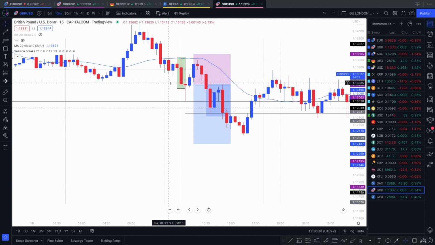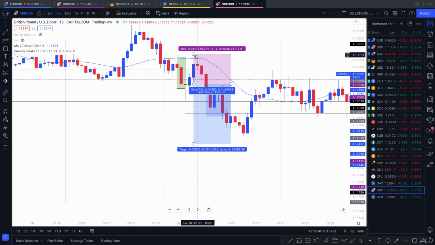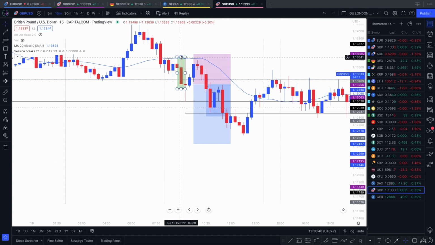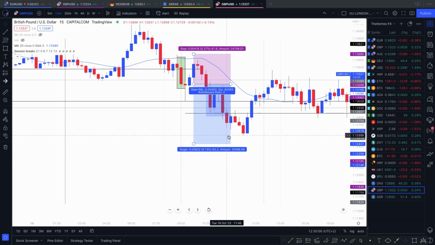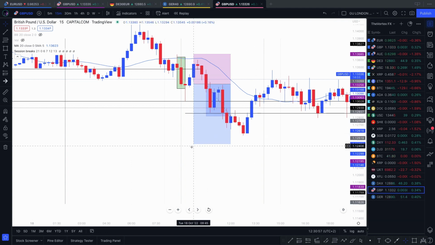I would enter with a market order, or with a stop order a couple of pips below the close of the breakout candle. My stop loss would go a couple of pips above the top end of the breakout candle, in this case above the top of the wick, and I would always aim for a risk to reward of 1 to 2.